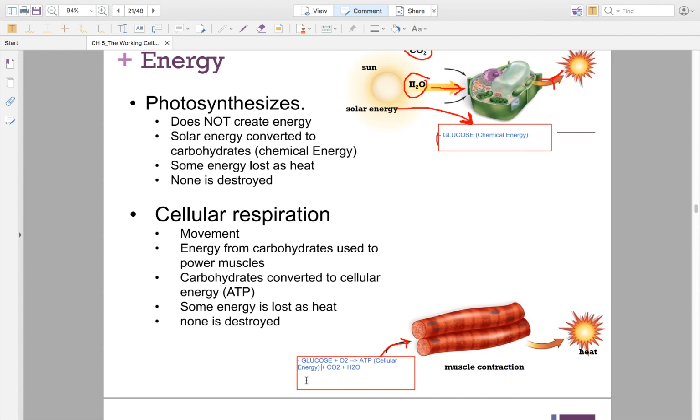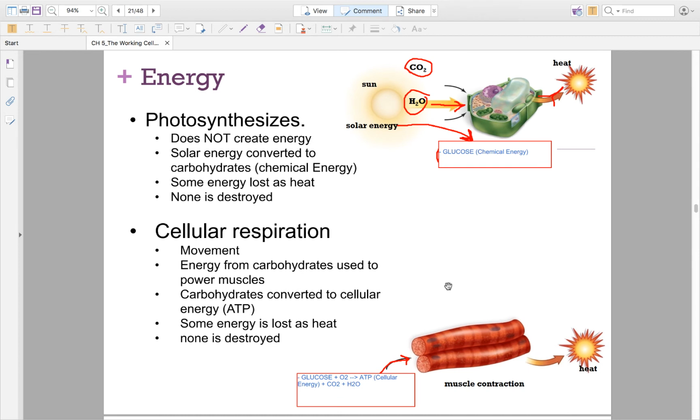All right, so ultimately, energy comes from carbohydrates such as glucose, and that glucose is used to make ATP. And ATP is something that will allow your muscles to contract. In fact, you cannot live without ATP. Okay, this is kind of an interesting side note.